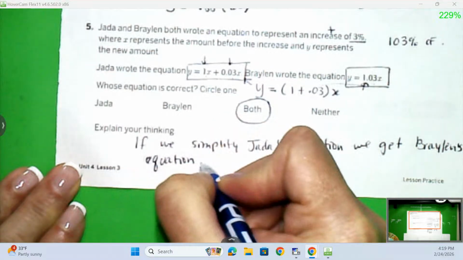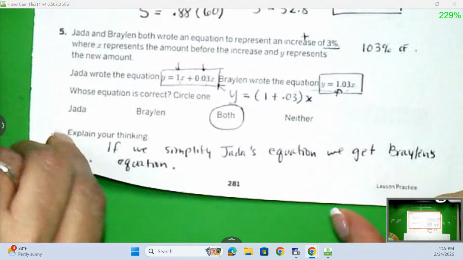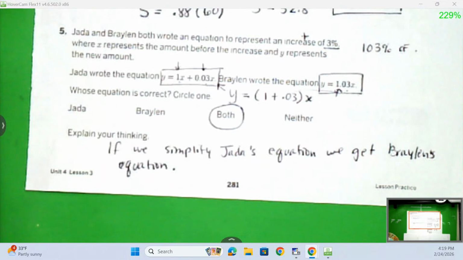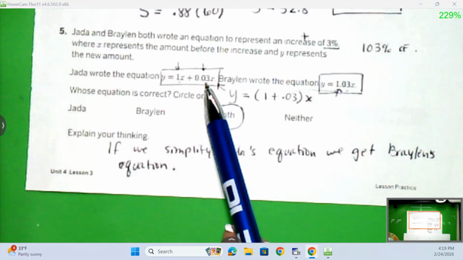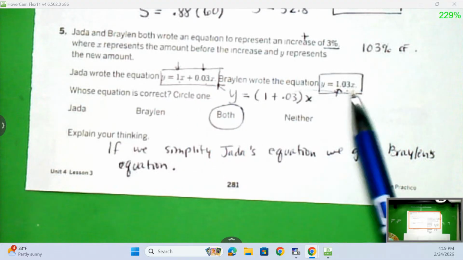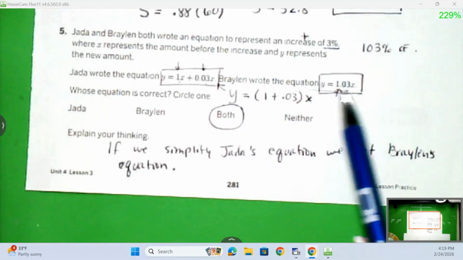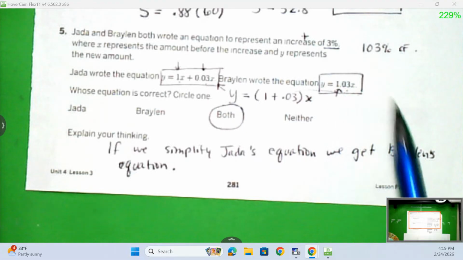So because they're equivalent or equal to each other, we are getting the same answer. So they're both correct. Jada would just take the amount and then add the 3% of that amount, whereas Braylon would do it in one step and just do the amount times 1.03.